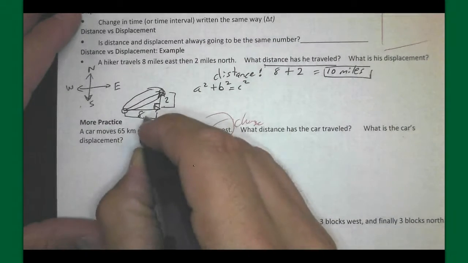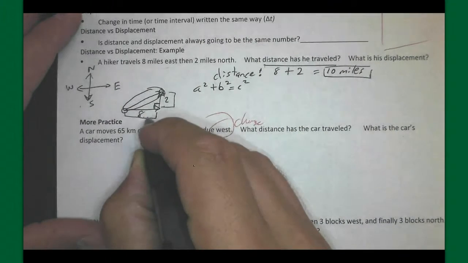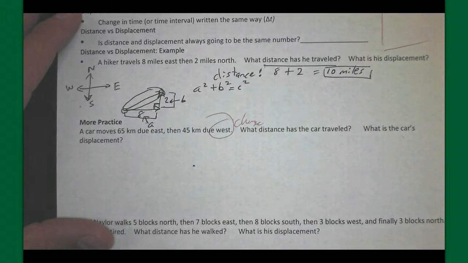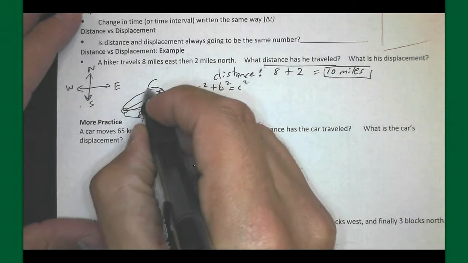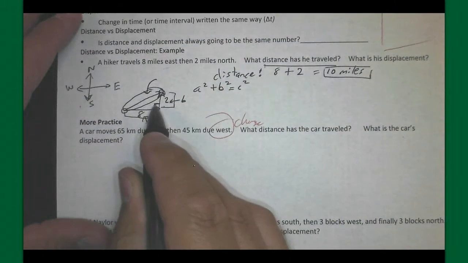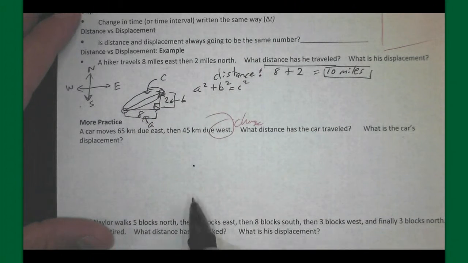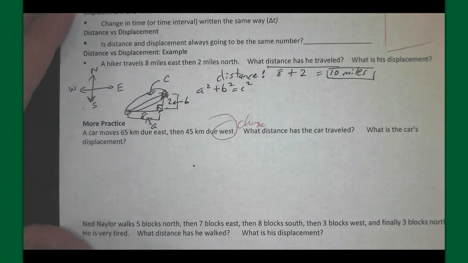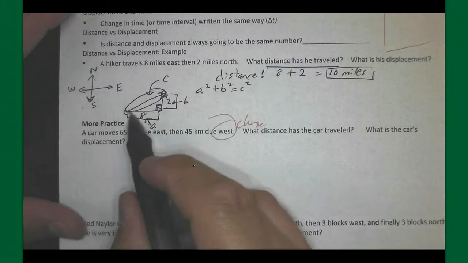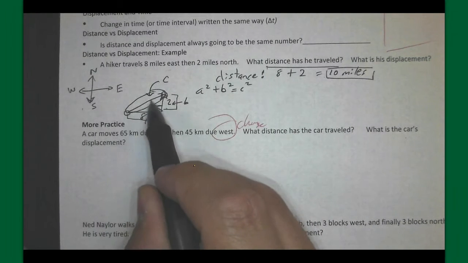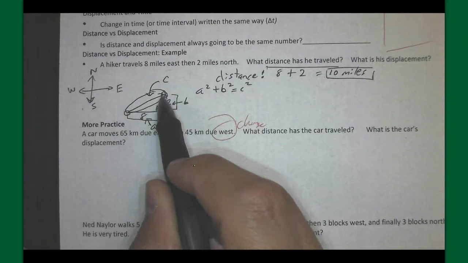In case you don't remember, on a right triangle, this is side A, this is side B, those are your 2 legs, and your hypotenuse, or the side that's opposite the right angle, is always side C. A squared plus B squared equals C squared. That's what we need to do to find the length of this side, or the straight line distance from the beginning of his trip to the end of his trip.